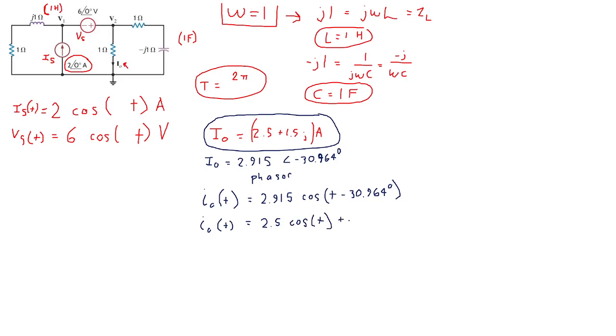Oops, I forgot the degrees there. In reality we should plug in the radians here, but it is what it is. So we get a magnitude and a phase.